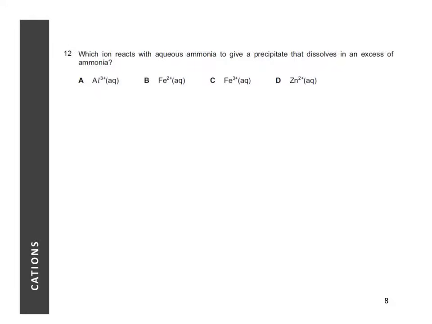So let's try some questions now. In this question, they are adding aqueous ammonia to different cations, and they're asking which one will give a PPT that dissolves in excess ammonia. Let's recall: aluminium, when adding aqueous ammonia, will give a white PPT, but it will be insoluble in excess aqueous ammonia. Iron 2 will give a dirty green precipitate.